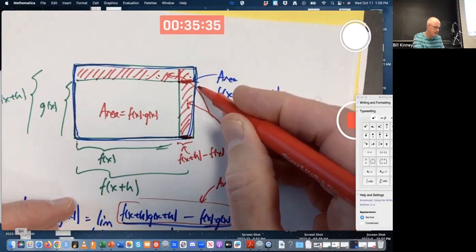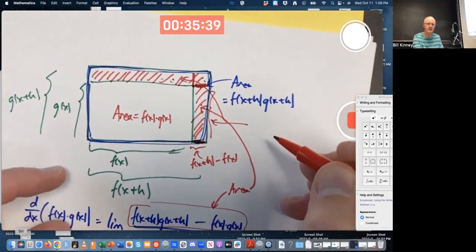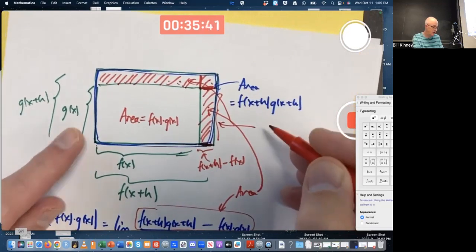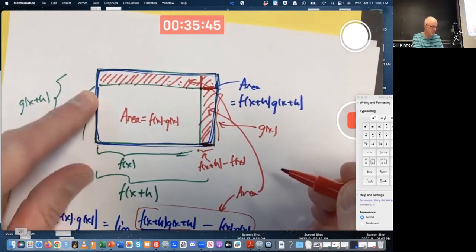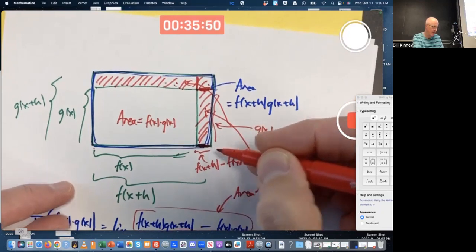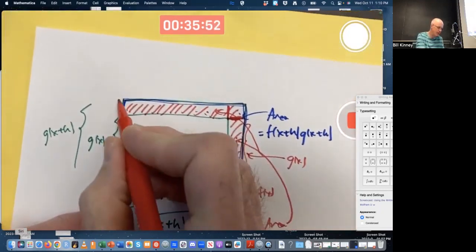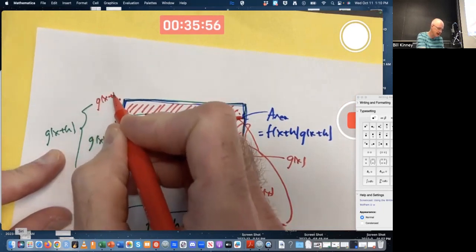How about the height of this rectangle? I guess it's related to g. Oh, it's just g of x. Right? g of x is the length right there. It's the same as the length right there. And coming over here, I guess this is the difference, g of x plus h minus g of x.